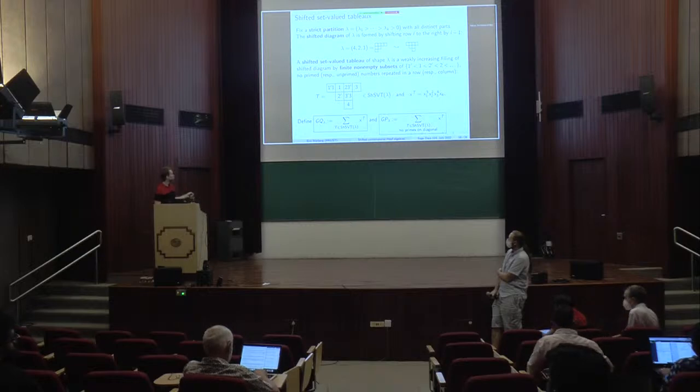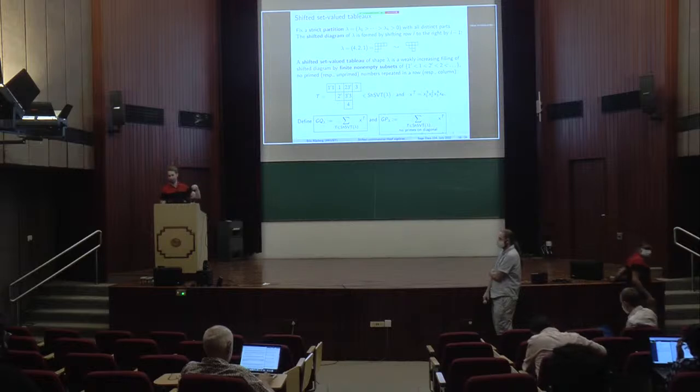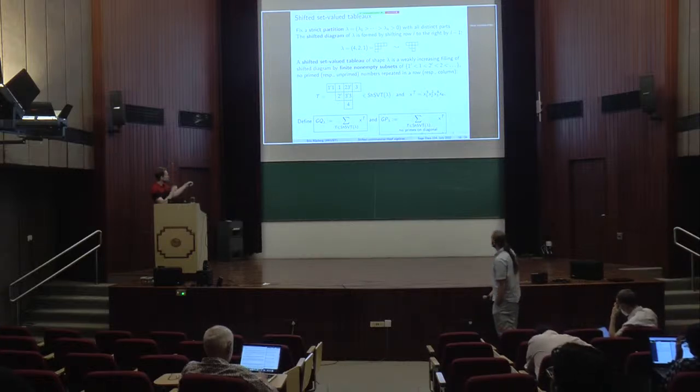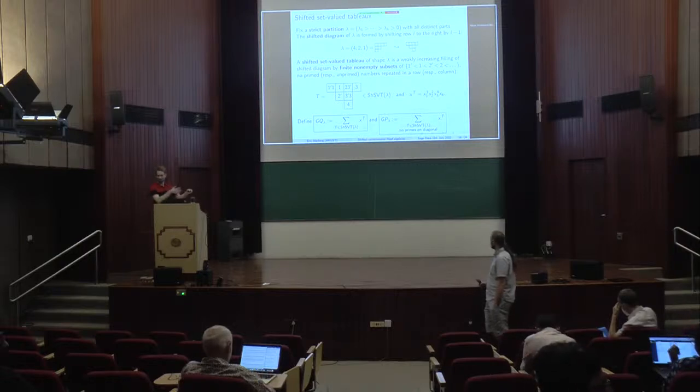And weakly increasing just means the maximum element in one box is less than or equal to the minimum element in the next box. Along the columns? Yeah, and along the columns too. So if you just read the word here, you say 2, 3 prime, 3 prime, 3, 4, and that's sort of weakly increasing.